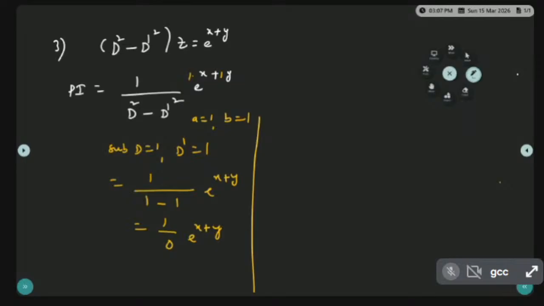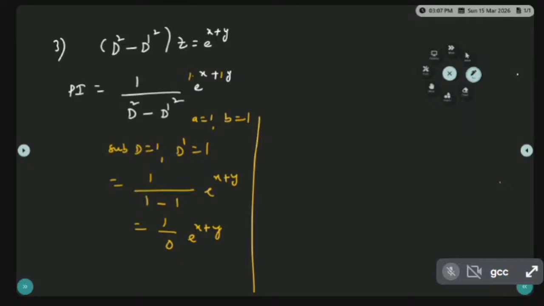What is the remedy here? How to solve this? When the denominator is 0, I will tell you a simple technique. I think you might know this concept, but once again I am revising. Okay. I need your attention.